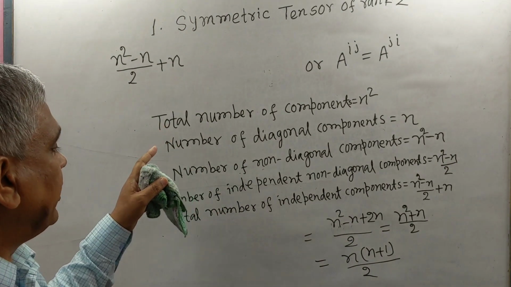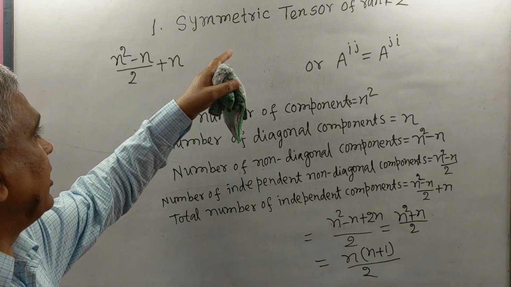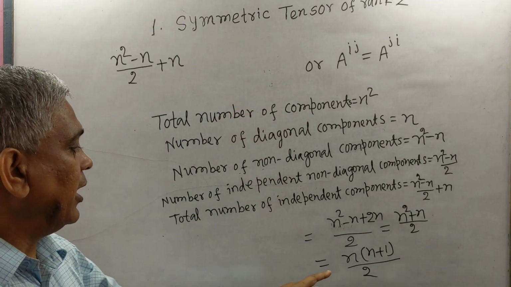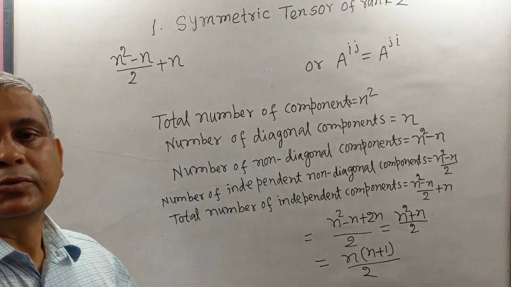So the number of independent components in a symmetric tensor of rank 2 is n into n plus 1 by 2.